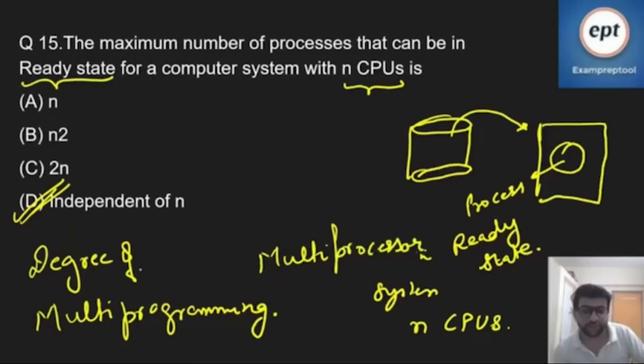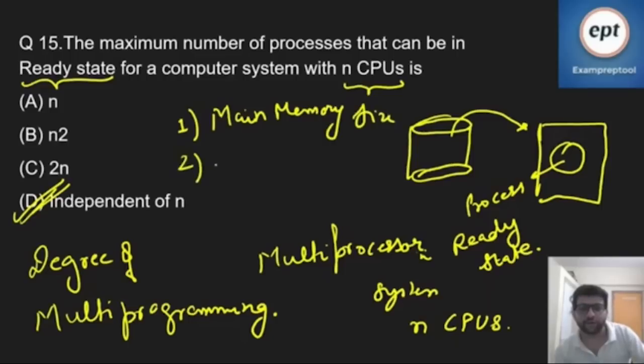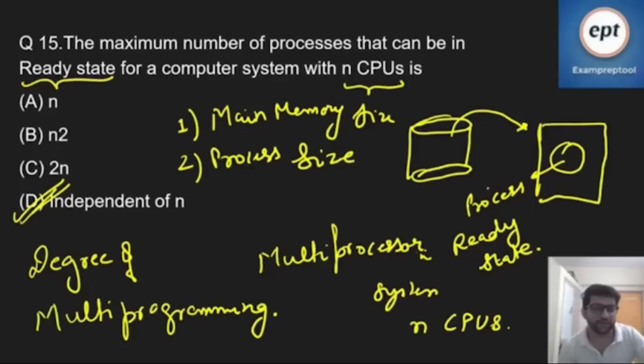And what is degree of multi-programming? It is the maximum number of processes that can be in the main memory or in the ready state, and it only depends on number one, the main memory size, and number two, the process size, and it does not depend on the number of CPUs in the system.